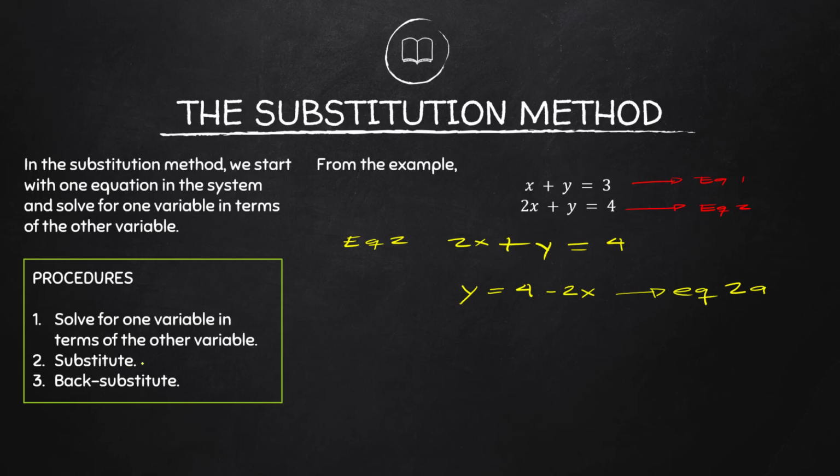Now, our second step is to substitute this variable into the other equation. The purpose of this is to have only one variable in a certain equation. If you substitute 2a in equation 1, I normally place this in circles.